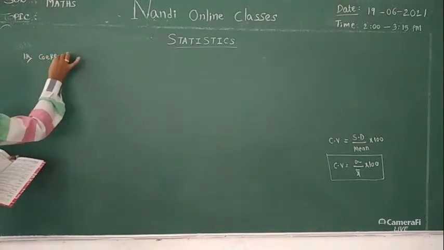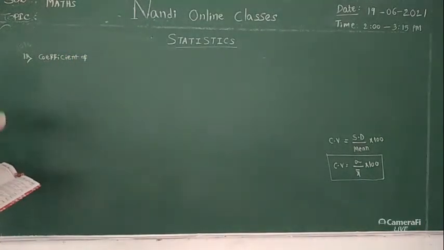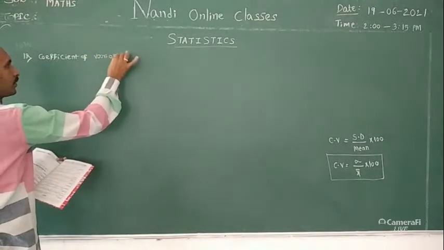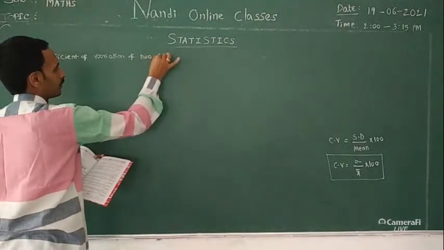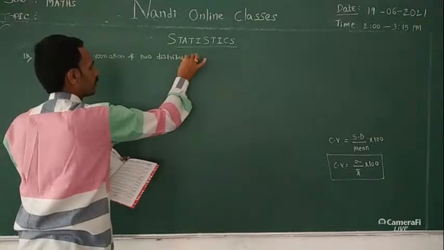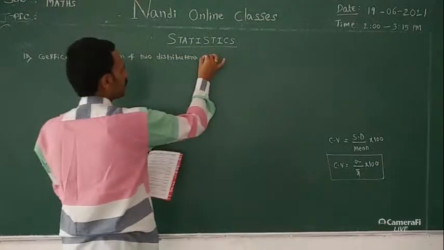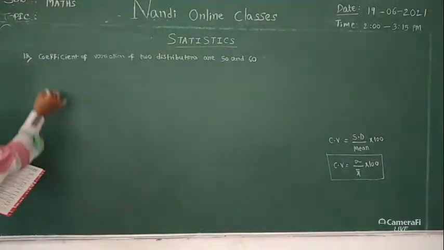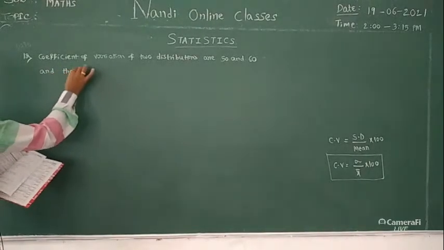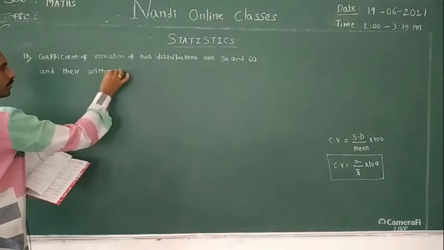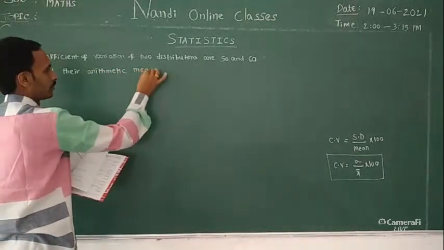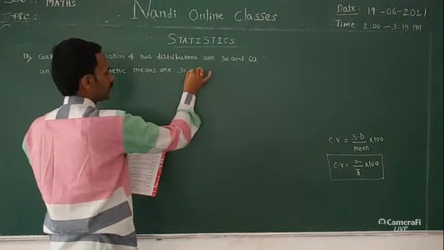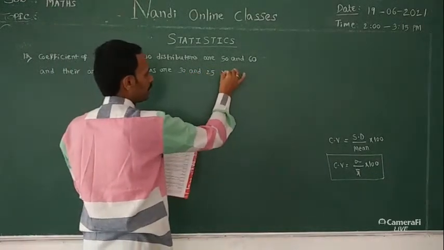Coefficient of variation of two distributions are 50 and 60, and their arithmetic means are 30 and 25 respectively.